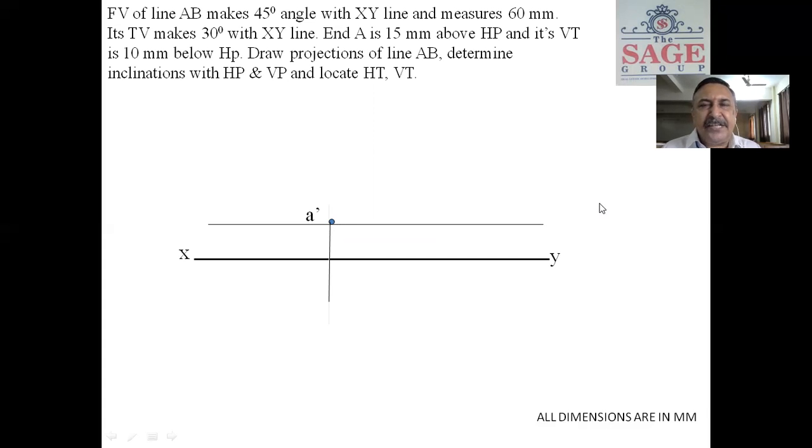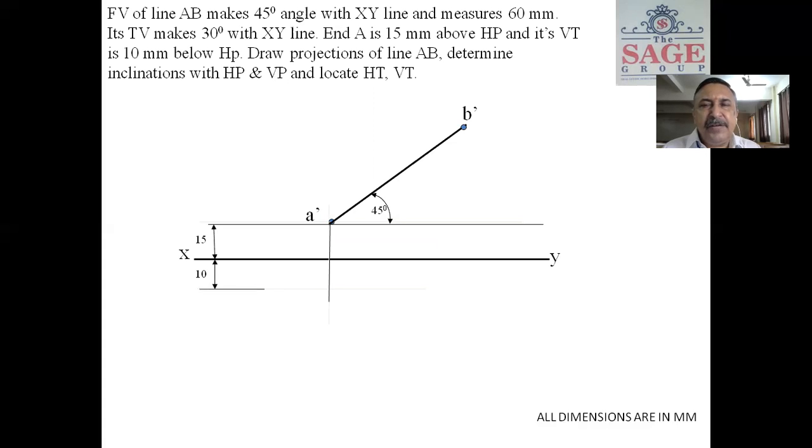Now on A dash, we draw an angle alpha, the angle of the front view. The length of the front view is also given, so we know the point B dash. This completes our front view.